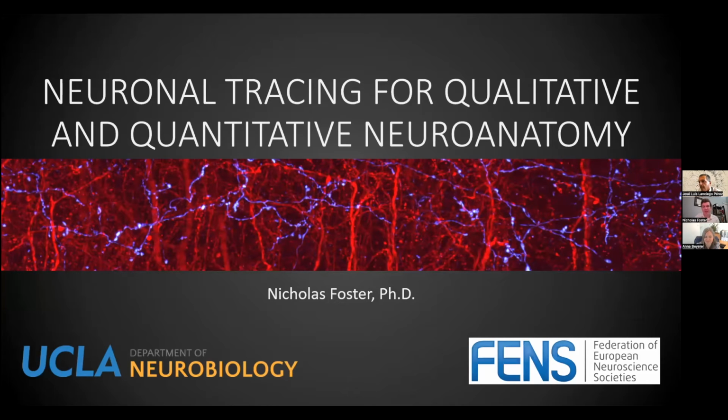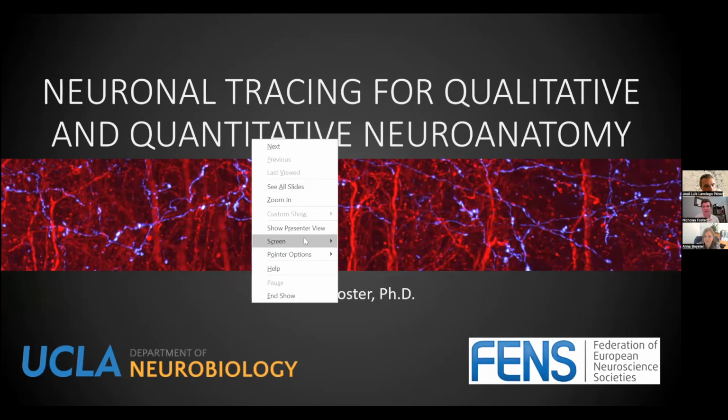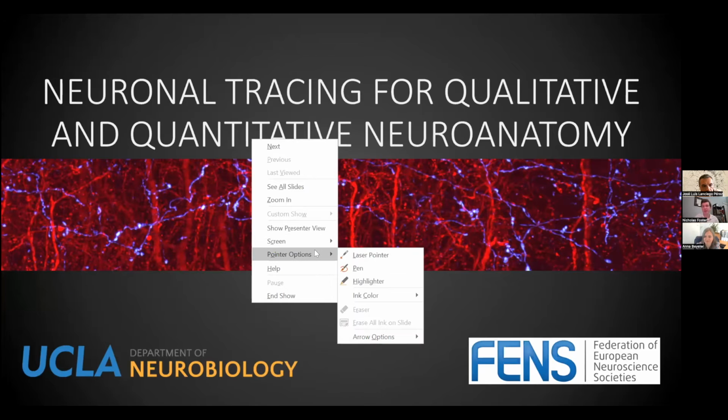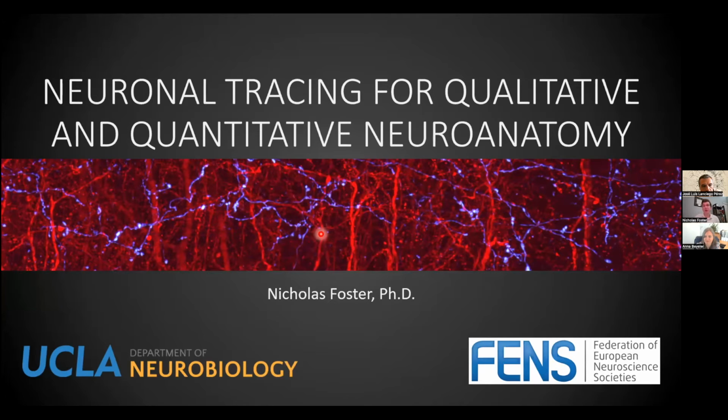Hello, everyone. I'm Nick Foster, and I'm a scientist in the lab of Hongwei Dong at UCLA. We are a neuroanatomy lab, and so I'm going to talk to you today about how I select a tracer to use for a neuroanatomical tracing experiment.